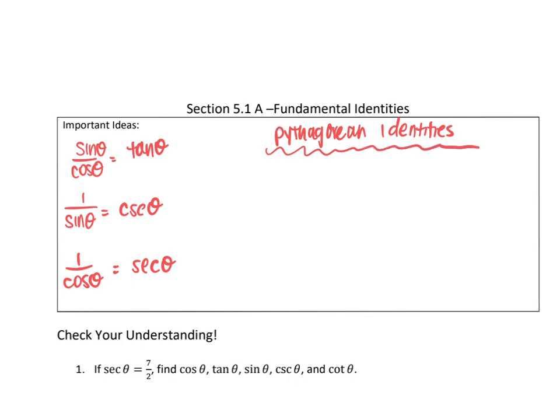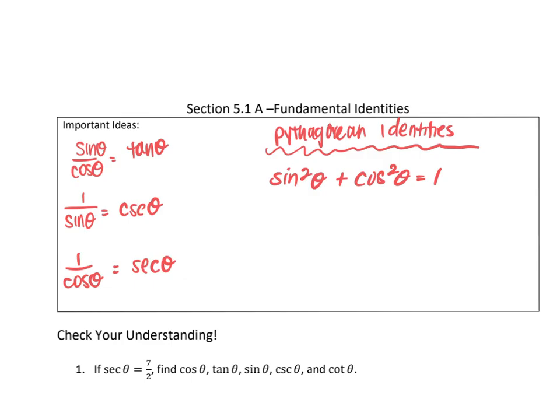Okay. The first one is sine squared theta plus cosine squared theta equals 1. And we came up with that equation using our Pythagorean theorem. And so that's why it's called a Pythagorean identity. Now there are 2 other Pythagorean identities, and they derive from this first one.